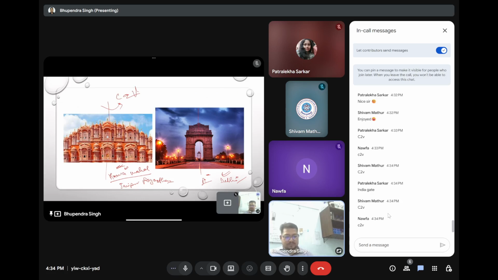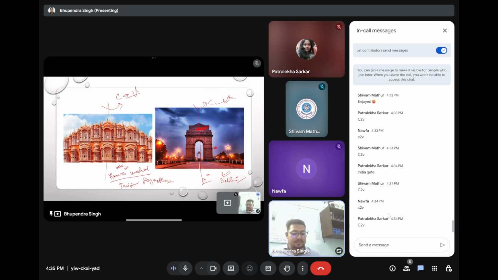C2V. Yes, this is your C2. This is your C2V. No, it is C2V because from here it is not similar. It is C2V anyway.